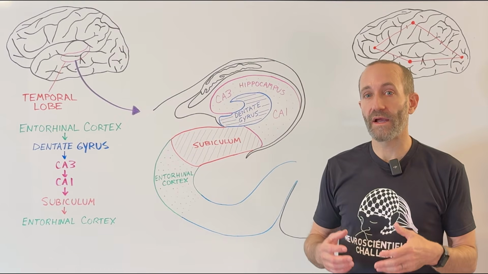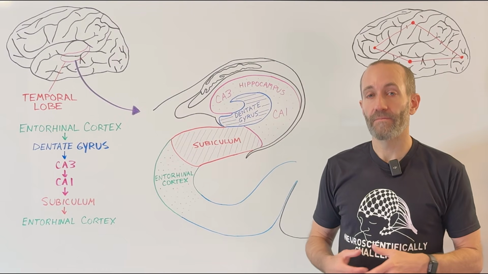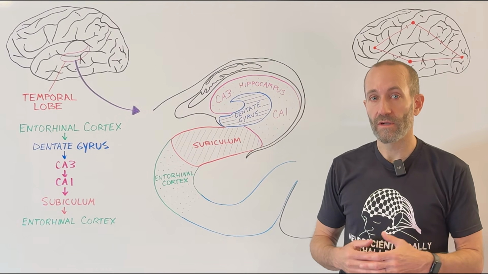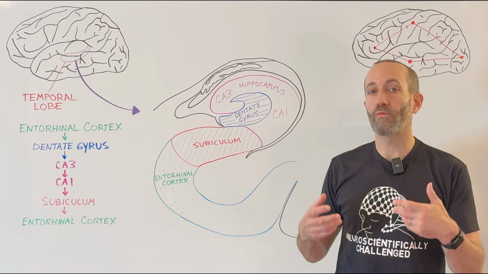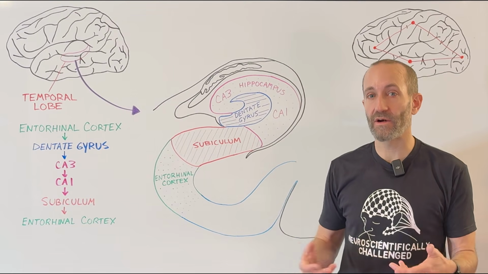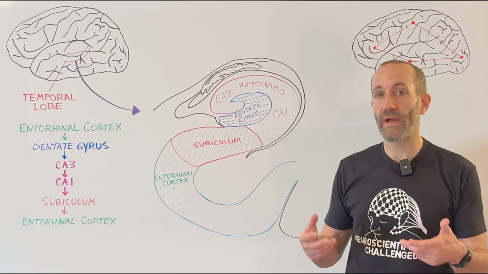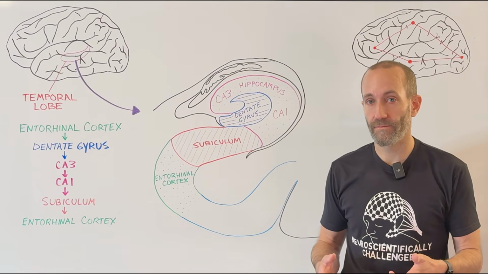This may help to create a kind of map of the cortical activity that define the experience, so that later, during retrieval, a cue can help reactivate that same distributed pattern of activity in the cortex and allow the memory to be recalled as a single event.